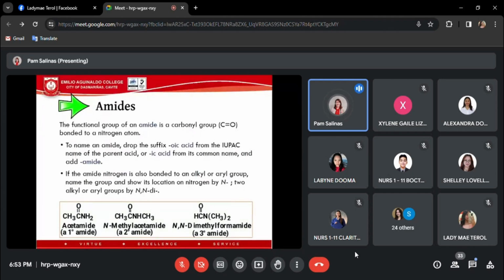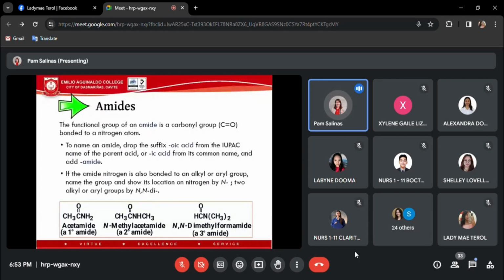Unlike dito sa kabila, we have N,N-dimethyl. Why is it N,N? Kasi CH3 is already repeated twice. Ayun na naka-enclose sa parenthesis. So that's why it's an N,N-dimethyl. Ibig sabihin, there are two methyl or two substituents.